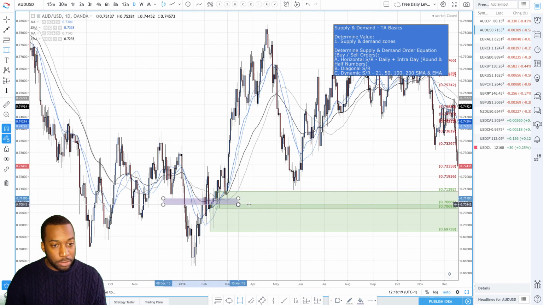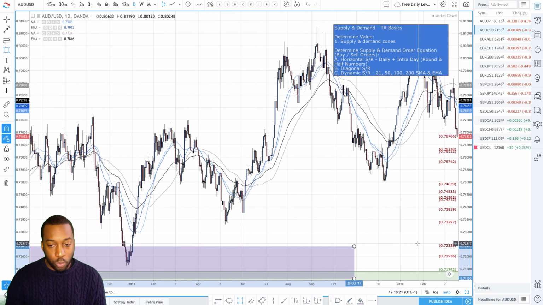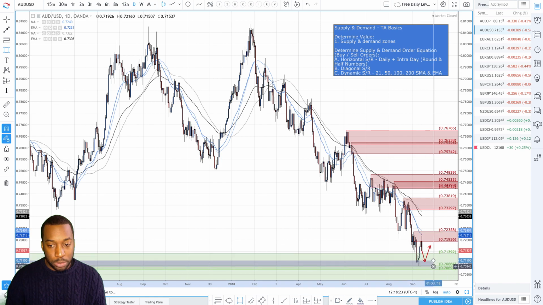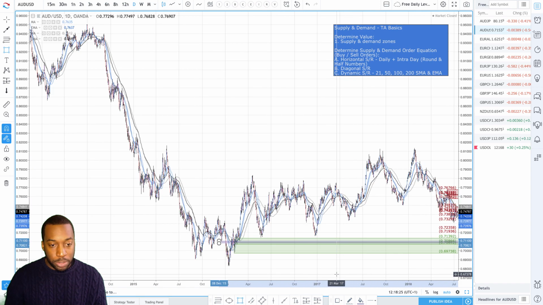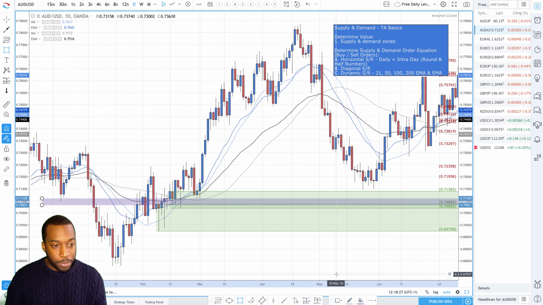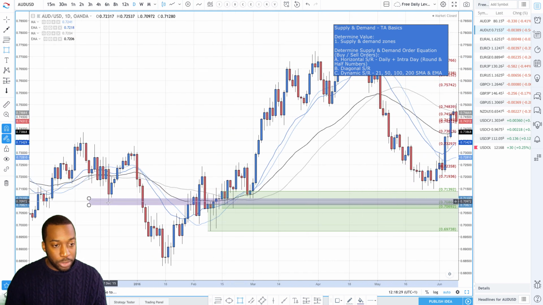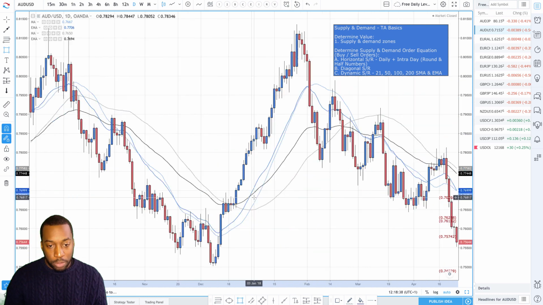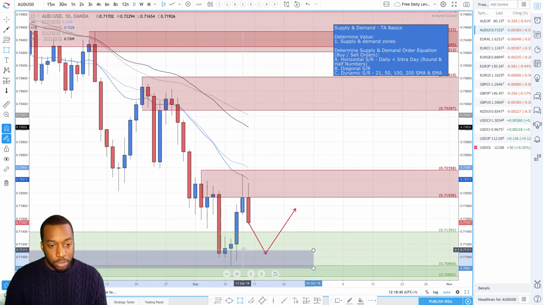There is an area around this 71 where you're starting to see support, bit of resistance here again, bit of support there. And then if you come all the way back to the present day, you've got a bit of support here. So again, this 71 level or nearabouts could be a decent buy.